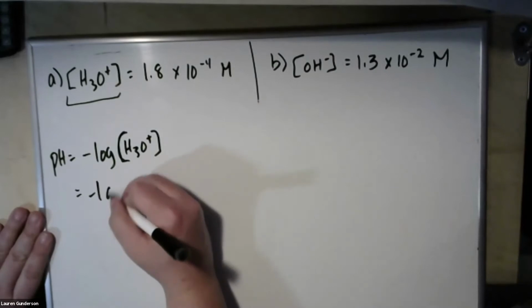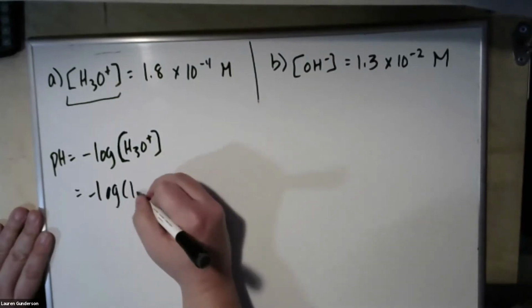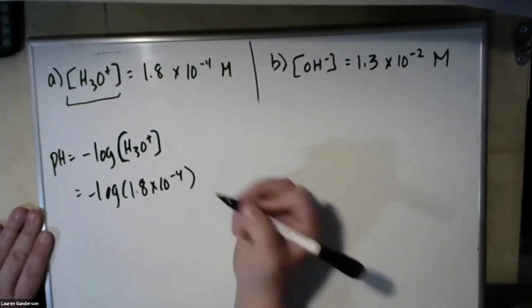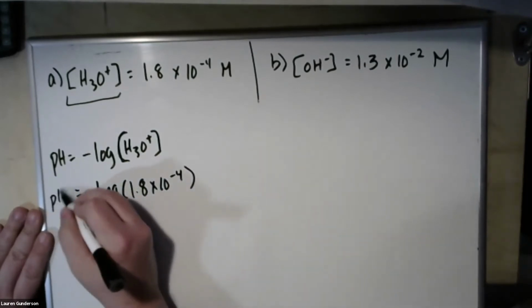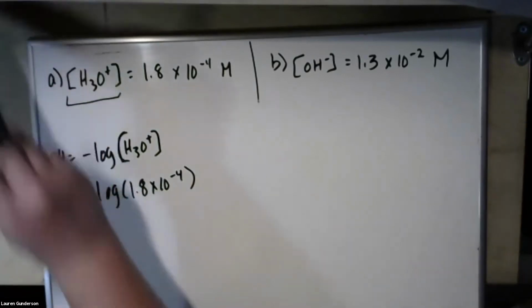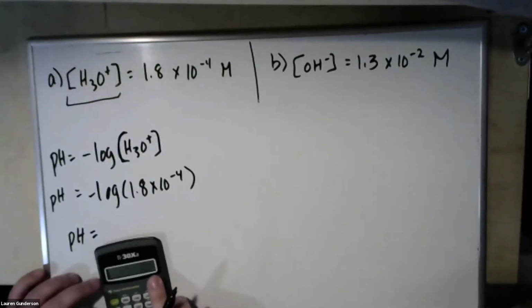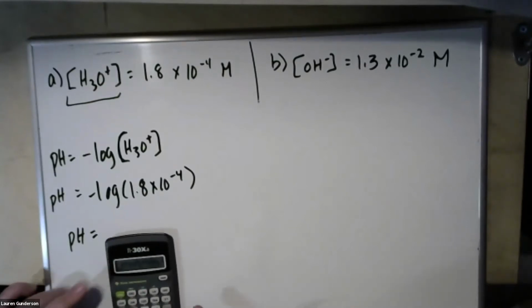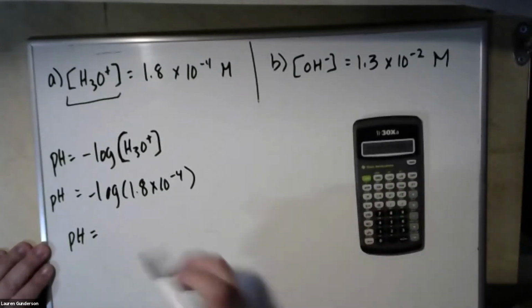Okay, so it'll be the negative log of 1.8 times 10 to the negative 4. Okay, and we get a pH of 3.74.